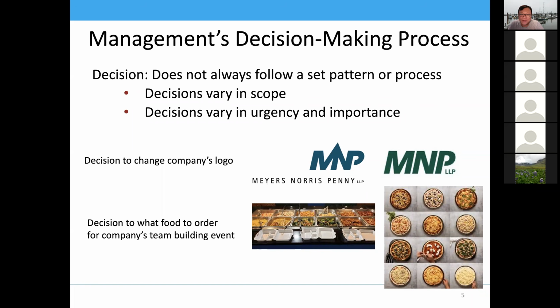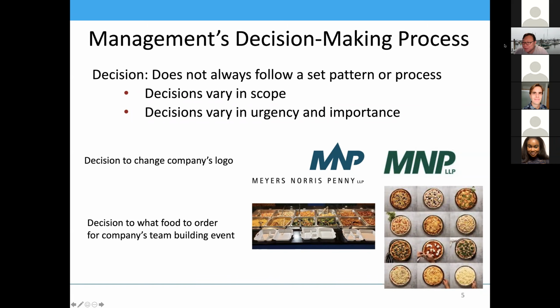And that decision is urgent, because if you don't make a decision, you will be hungry. But is that important? If you go with the buffet, not with the pizza, what would be the consequence? Is that a really important decision? So that's decision making.